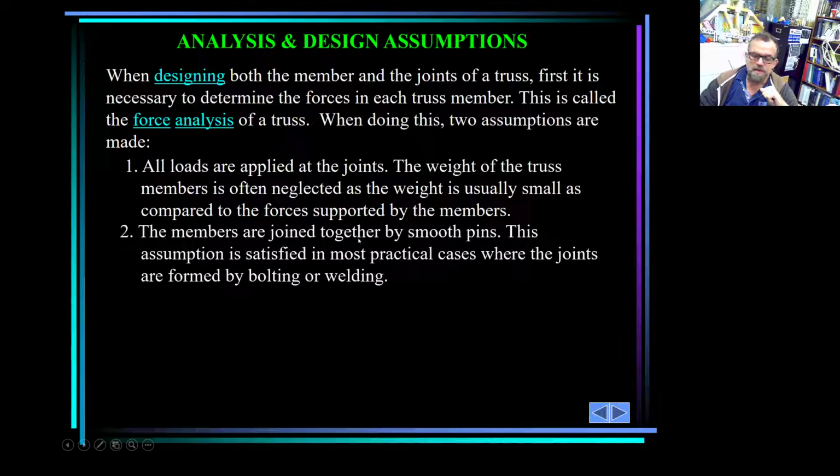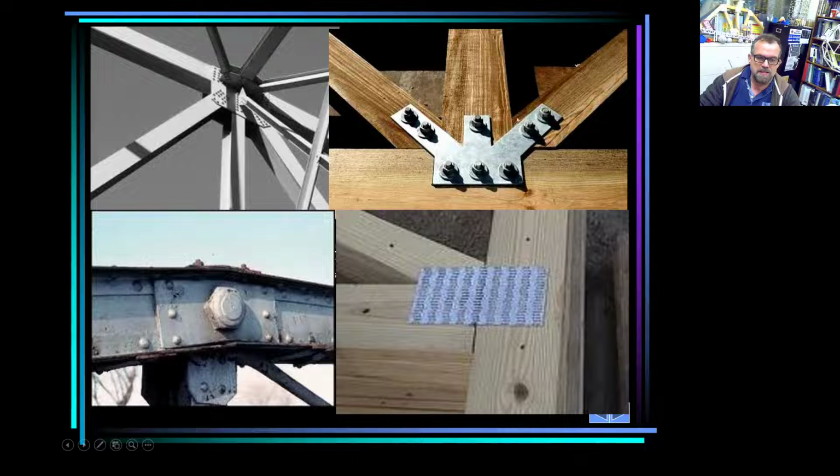Now the second rule is the members are joined together by smooth pins. Smooth pins means you're going to have here a pin that is going to make these rotate freely. Basically, that's what it is. Now, can you tell me if this is a pin? None of them looks like a pin.